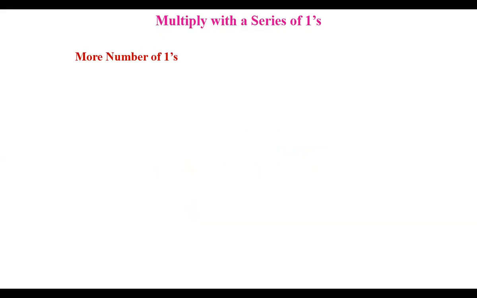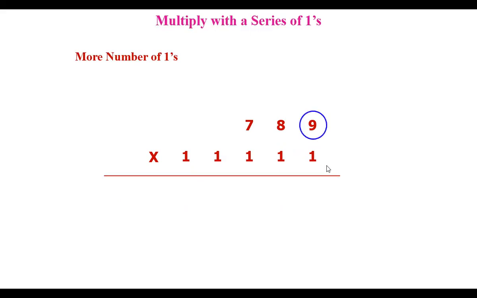Next. Suppose you take a bigger number, still a 3-digit number, and multiply it with the series of ones which has 5 digits. Here we'll start with the same principle. We start with the rightmost side with one number, 9.